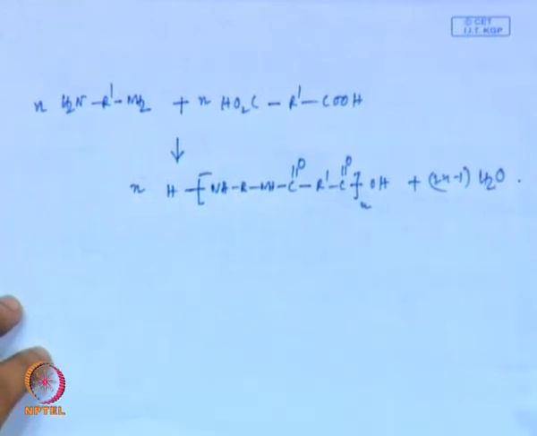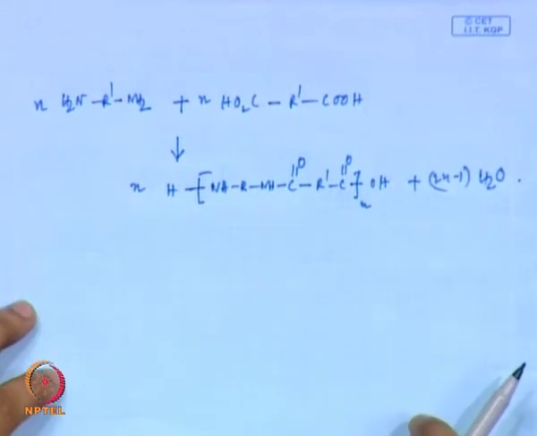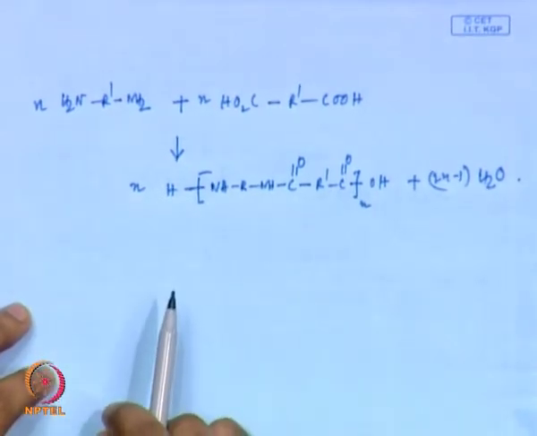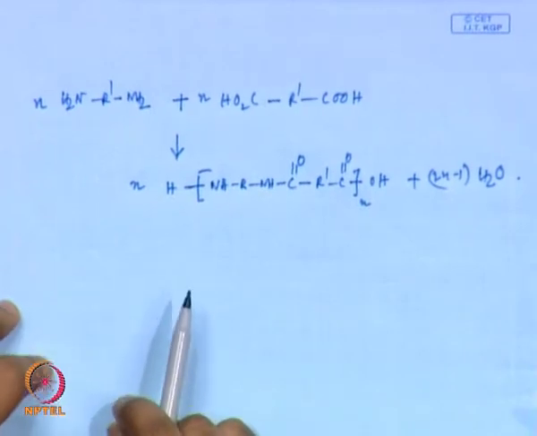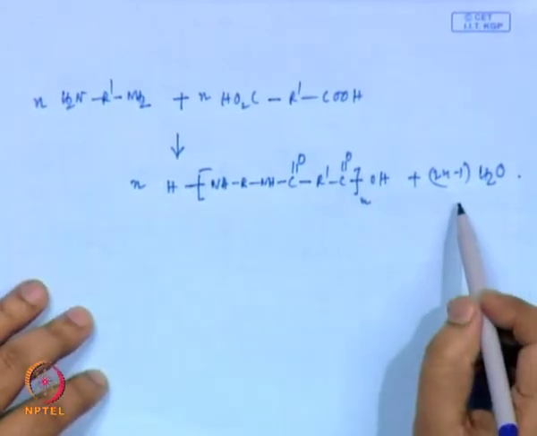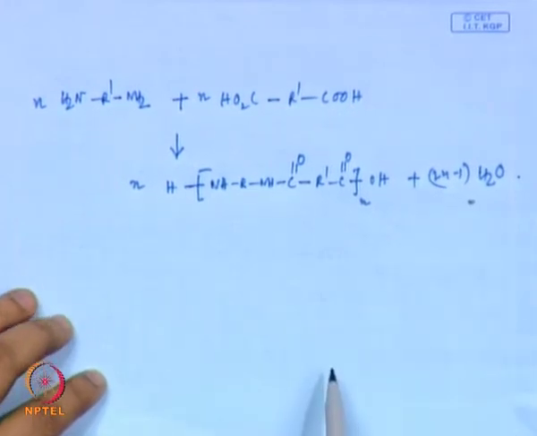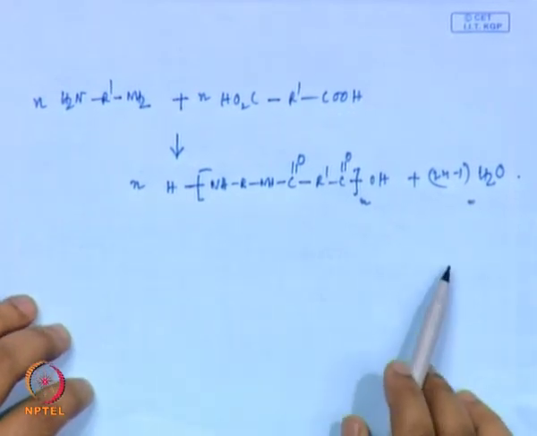So, in both the examples, in the last case when we made polyester, or in this case polyamides, we have elimination of small molecules, in this case water.